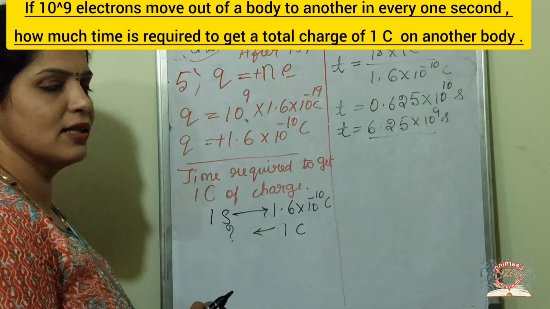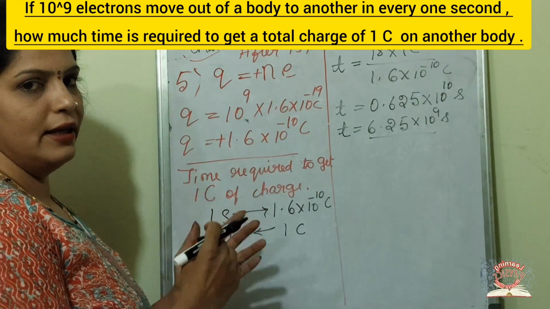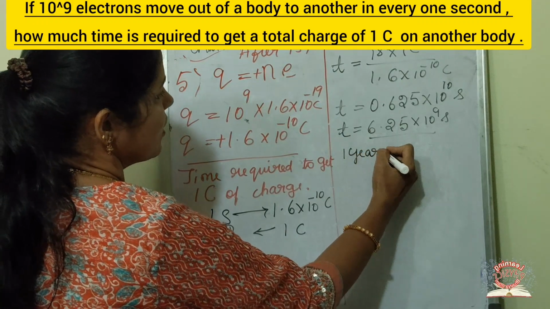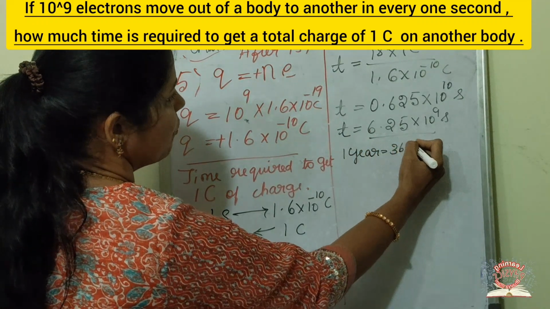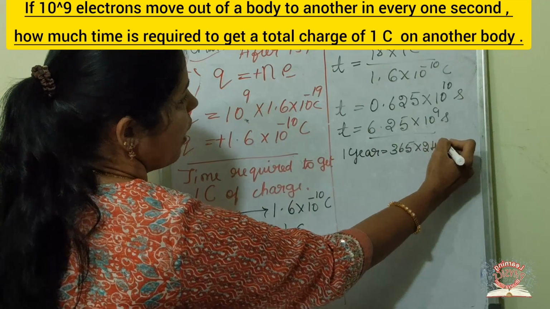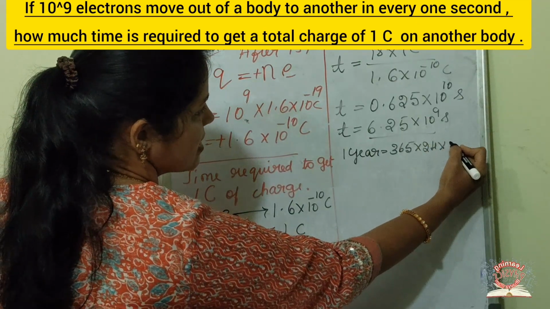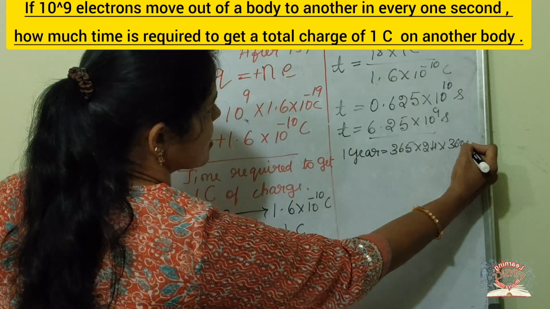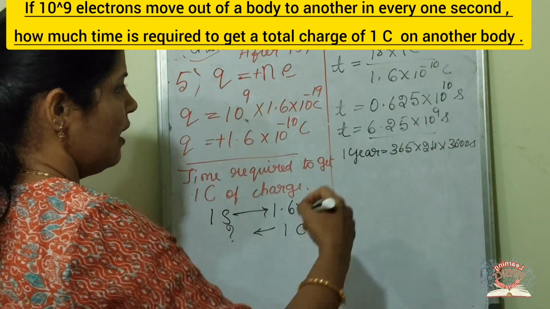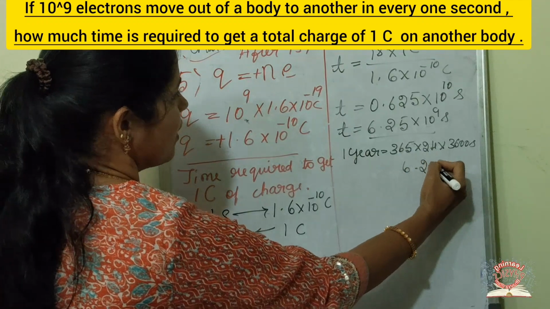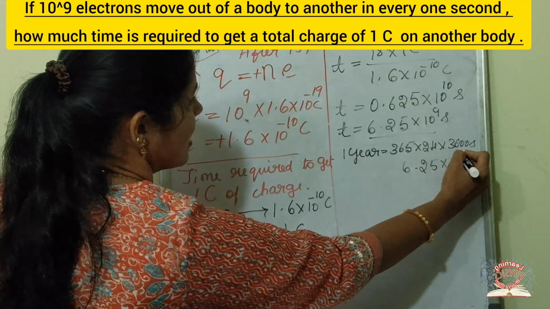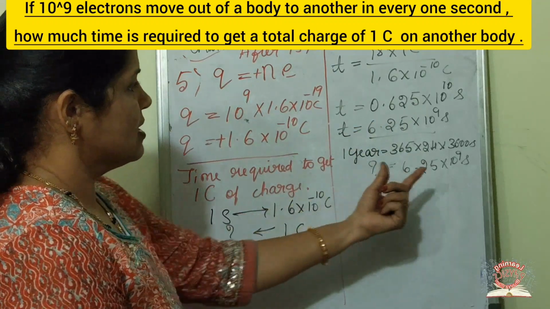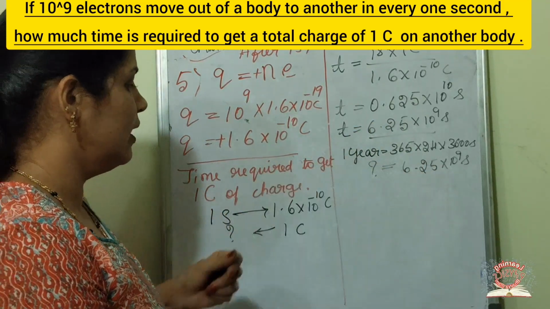If I write in seconds, we are not very clear about this, right? So it is better to write in years. Now we know that 1 year is equal to 365 days, and 1 day is 24 hours. 1 hour has 60 minutes, and 1 minute is 60 seconds, so that is 3600 seconds. Now 6.25 × 10^9 second is how many years?